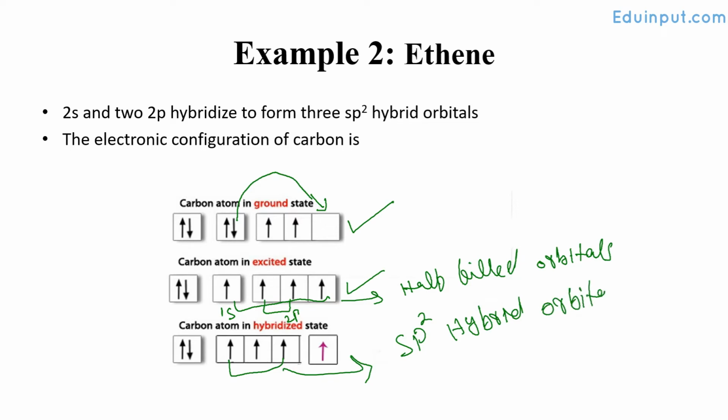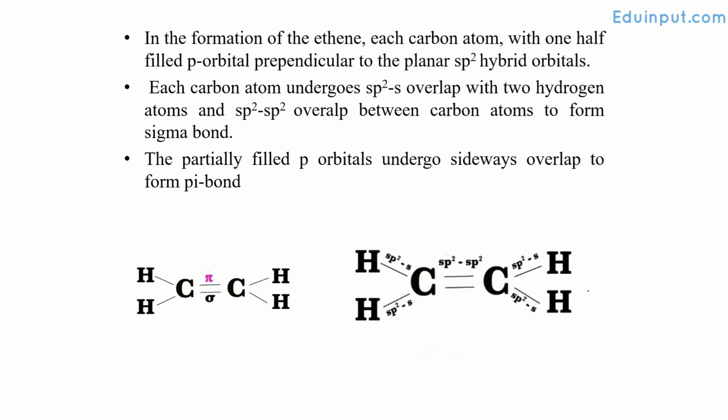So in the formation of ethene, what we observe is that each carbon atom has one half-filled p orbital perpendicular to the planar sp2 hybrid orbitals, because we observe a pi bond as well in the case of ethene.